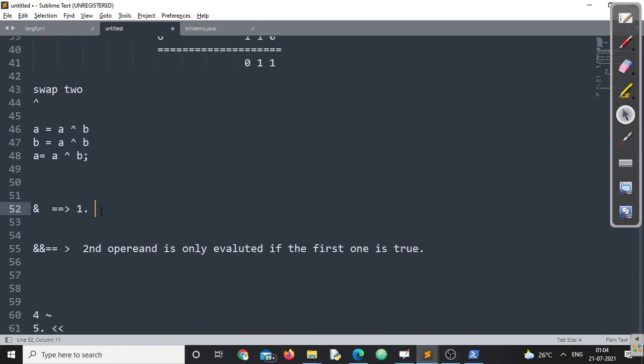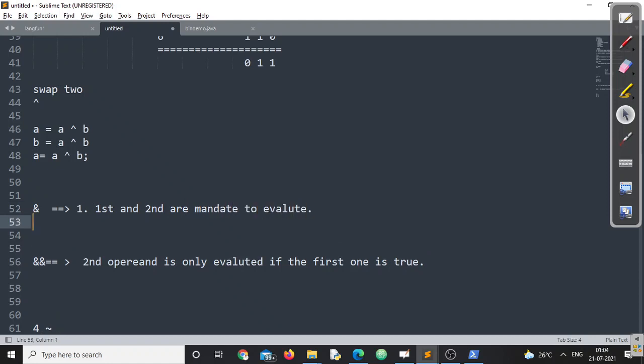So the first and the second operand are mandatory to evaluate. First difference. Let me talk about the second difference. The second difference is this is a bitwise operator and this one is a byte operator or logical operator, you can write.